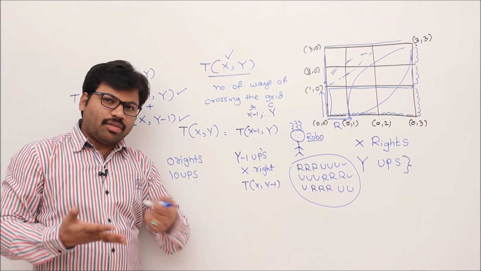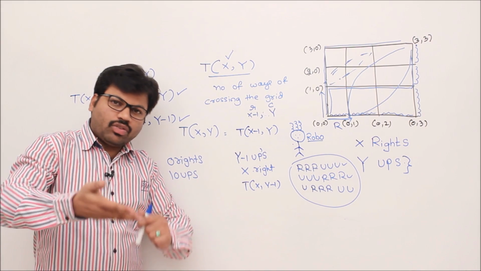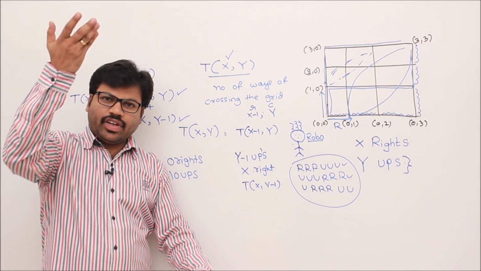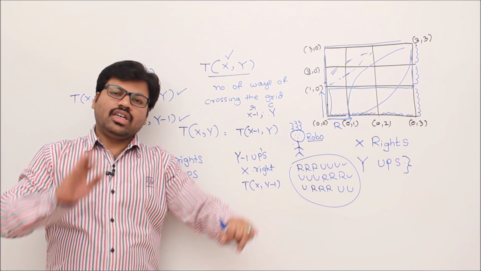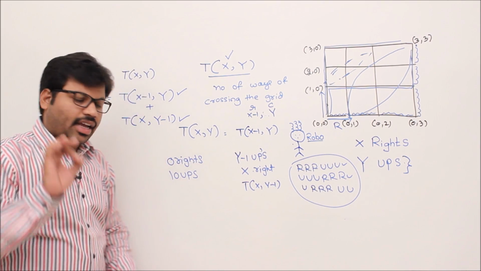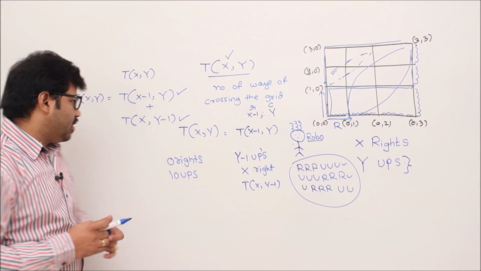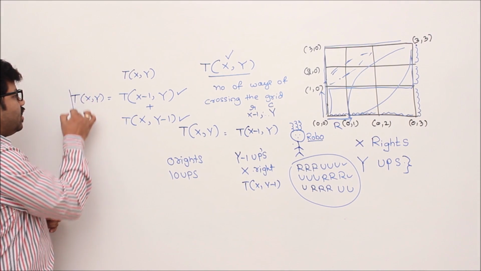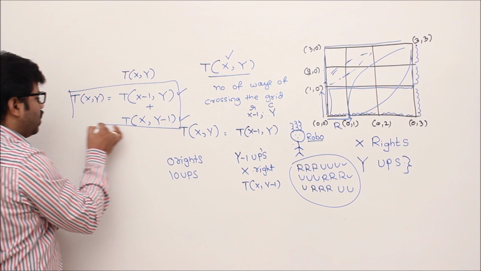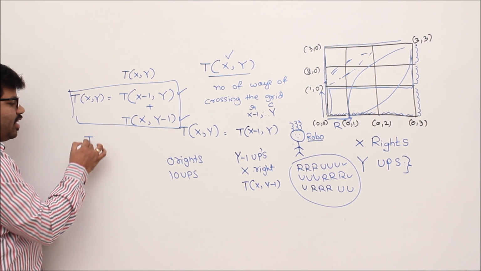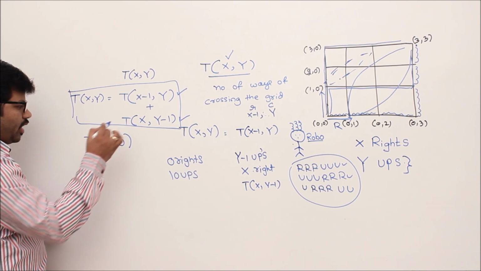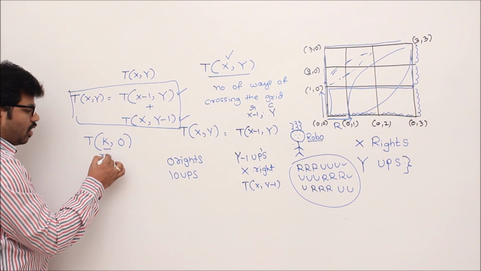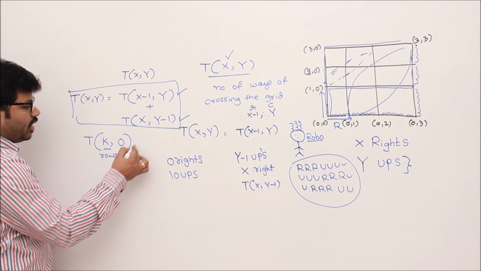The possibilities come when there is right and up. If there is only up, there is only one way. If there are only rights but no ups, still there is only one way. That I take as a termination condition. So what I want to say is, this is the recurrence relation. Now the termination condition is T of k rows comma 0 ups, then it is 1.